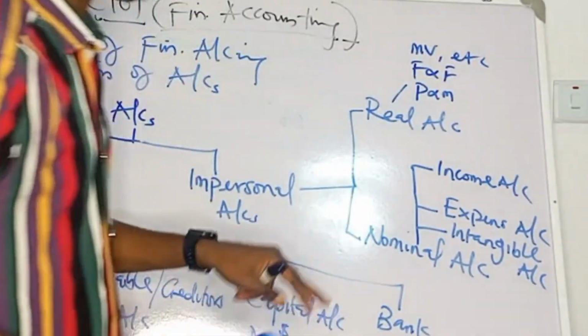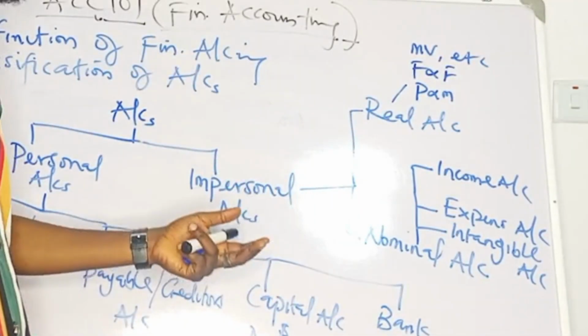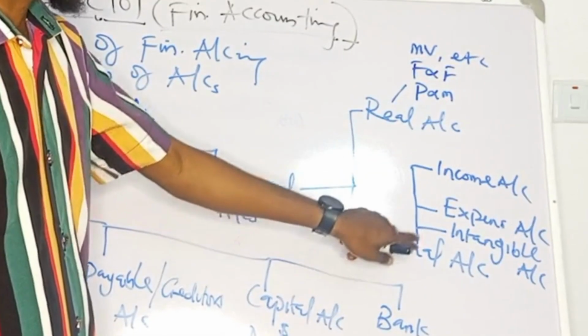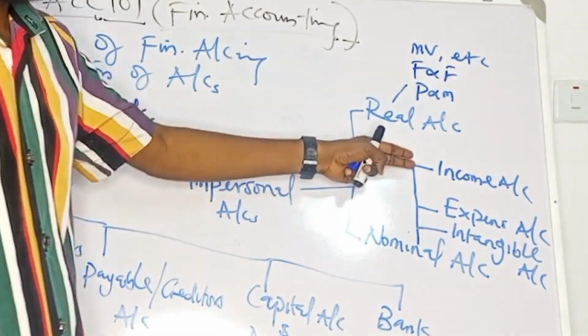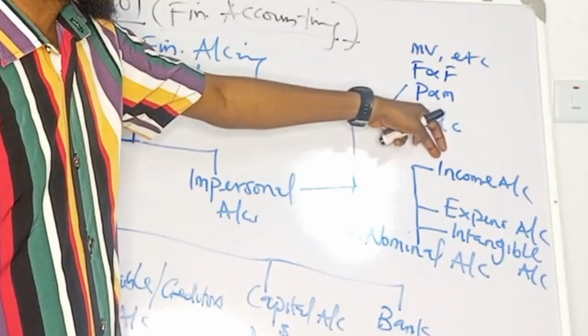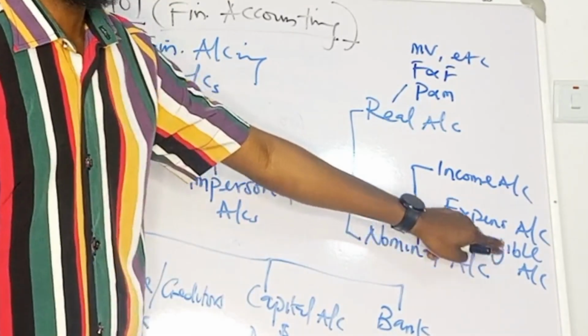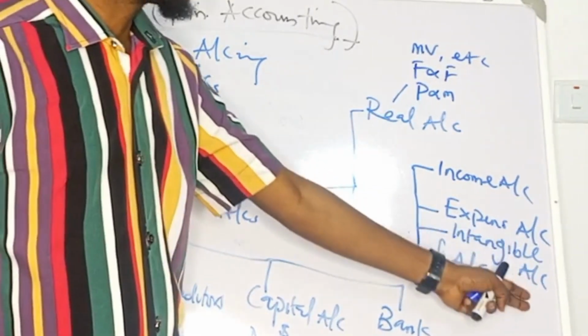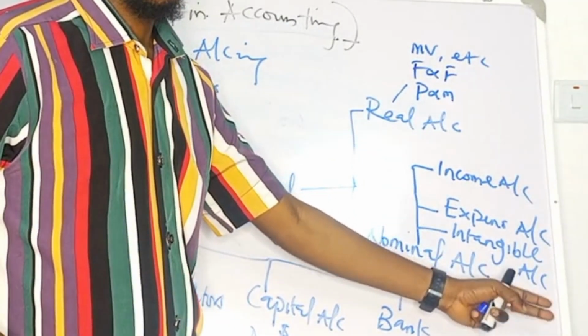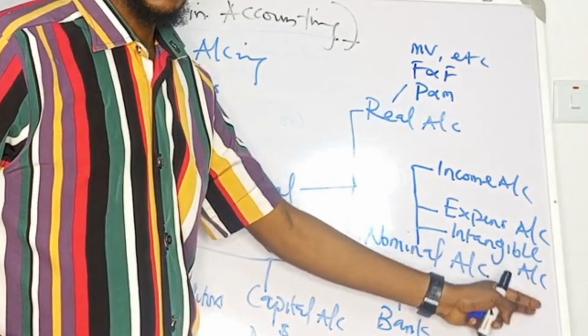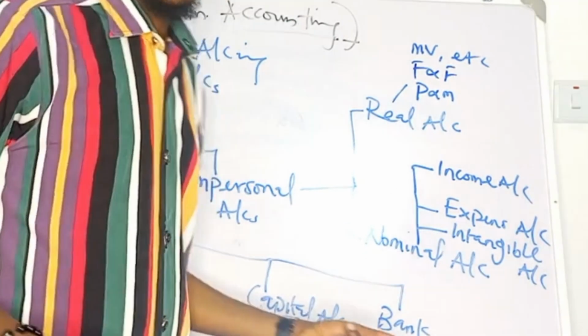So these are assets, what we can see and touch belonging to the business. Then the nominal accounts are divided into three. We have the income, the expense, and the intangible. Under the intangible, I gave you examples like copyright, goodwill, and maybe the patent right.